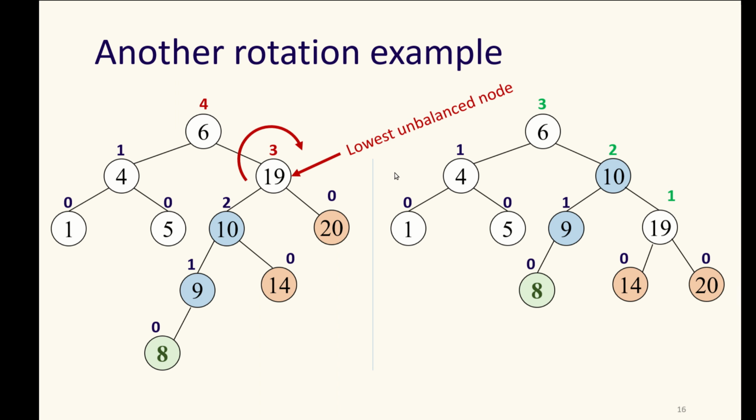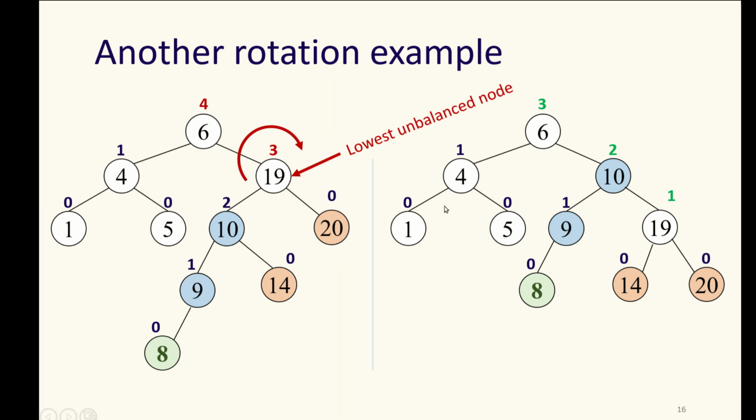And we would have to do some rotations around that location. It won't be around the 19 necessarily, but it will be around the location of the 19, where the 10 ends up here. But to do that, we have to find a place for the 20 to live too. And so you'll notice that some things got displaced a little bit, but we'll find that we can do this with only a couple of rotations.